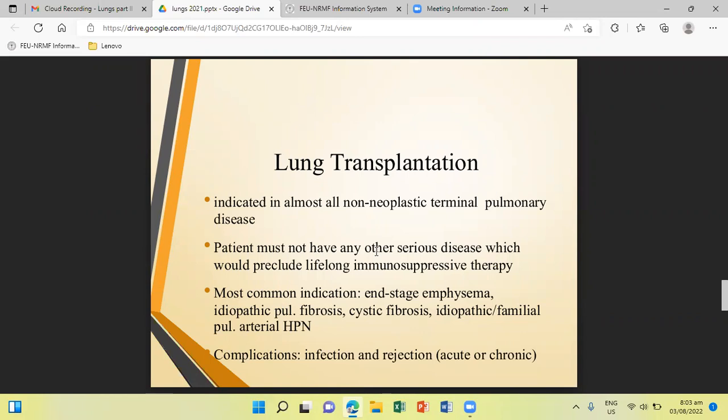Usually, pulmonary infection arises on a background of an immunocompromised host. Rejection, on the other hand, may be acute or chronic. Acute rejection most often appears several weeks to months after surgery, but it may also be present years later or whenever immunosuppression is decreased. Chronic rejection, on the other hand, usually occurs 3 to 5 years post-transplant.